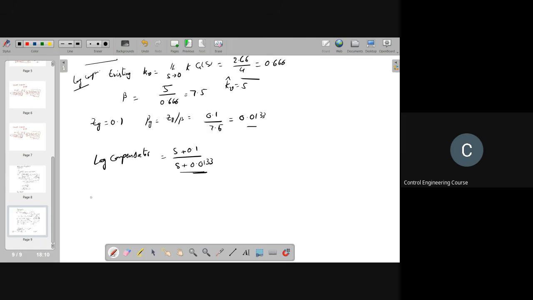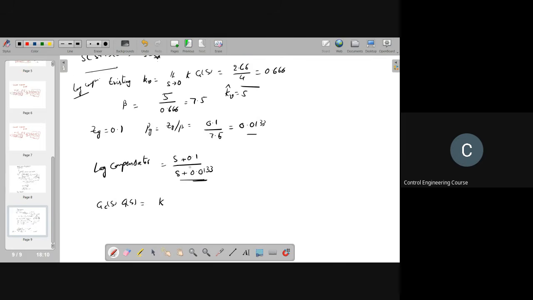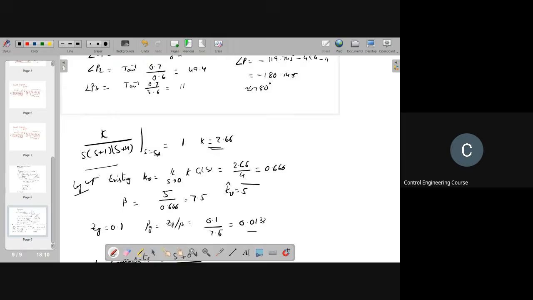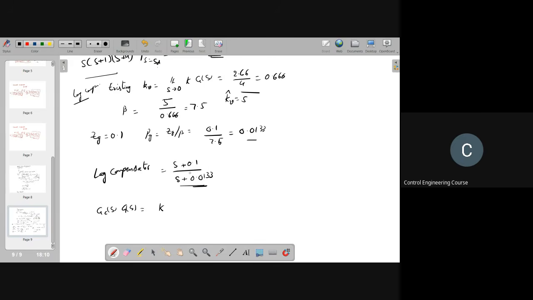And the overall open loop transfer function is the compensator, that means G_c of s and G of s, equal to K into, where K we already calculated, right? But actually we need to consider again the K, because for a lag compensator, we already know that the gain of the lag compensator is close to 1. So we don't need to calculate K again.